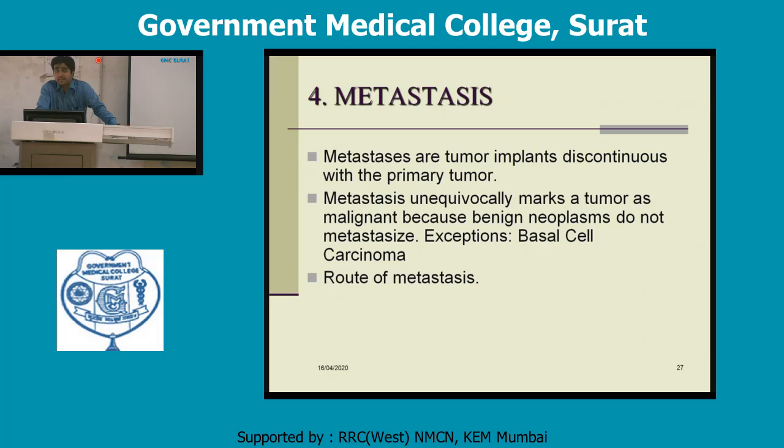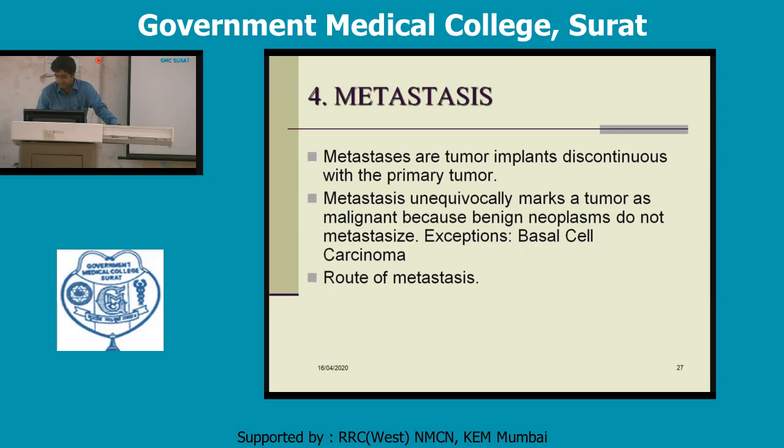By simple palpation we can encounter palpable lymph nodes, and we can examine them by biopsy, and if a positive lymph node is there, we can say that lymphatic metastasis is there. So TNM staging in this case will be different.